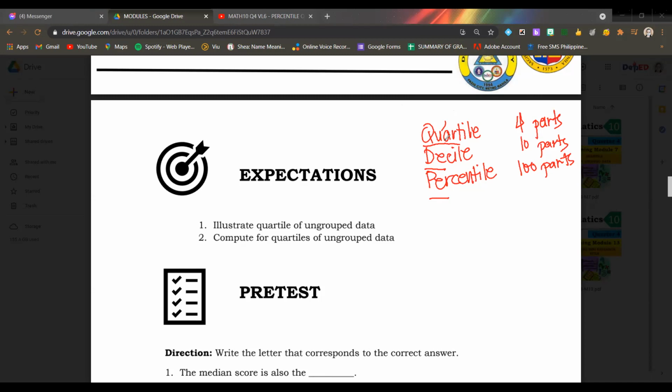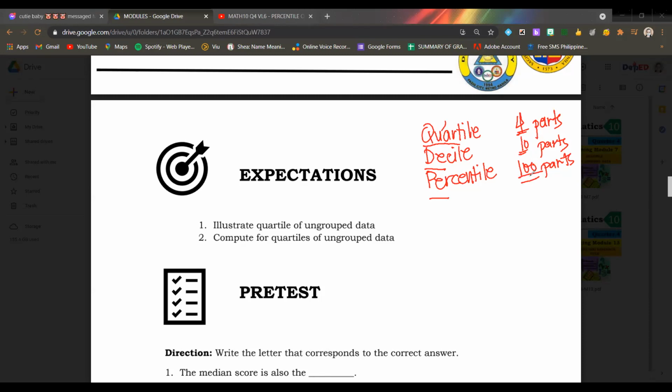Okay? Pag quad, meaning 4. Pag decile, it's 10, and pag percentile, 100. Okay? So tama yung sinabi niya, no, na kapag quartile po, nahati natin siya into 4 parts. Pag decile po, 10 parts. Pag percentile po, 100 parts.